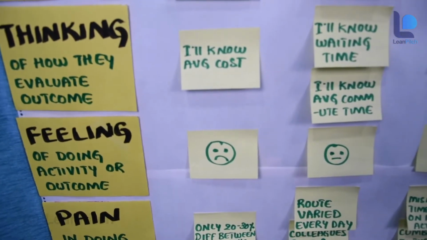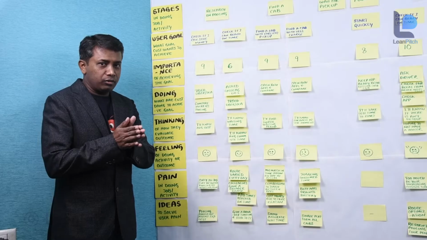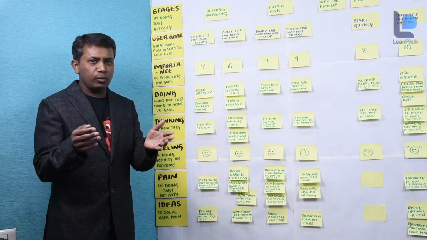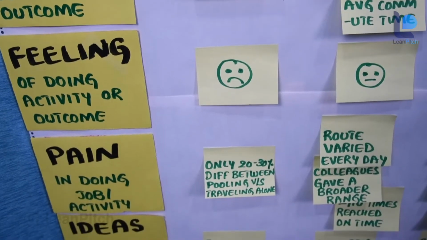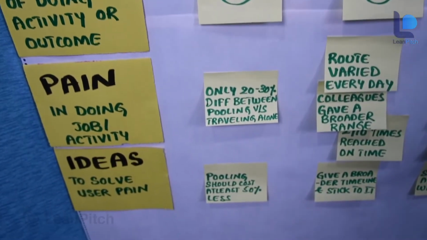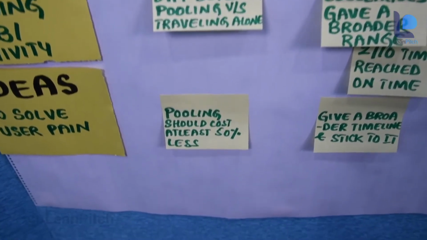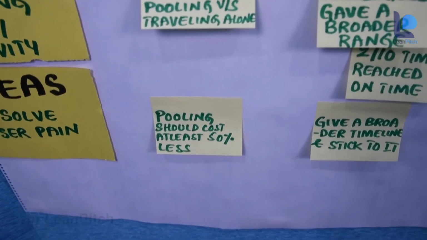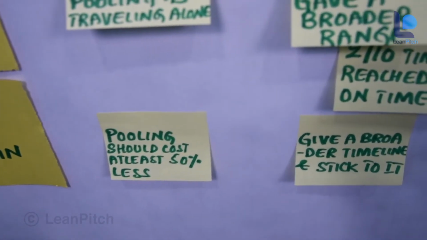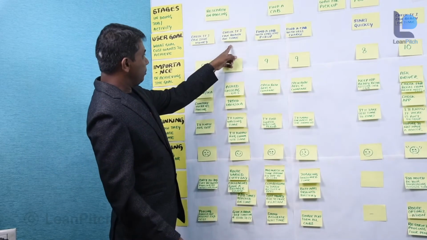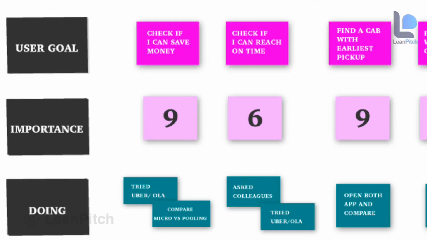He was unhappy because he said out of 10 times he traveled, only 2 or 3 times he was able to save money. His suggestion was, at least ensure that when I pool in a cab, it is costing at least 50% less.